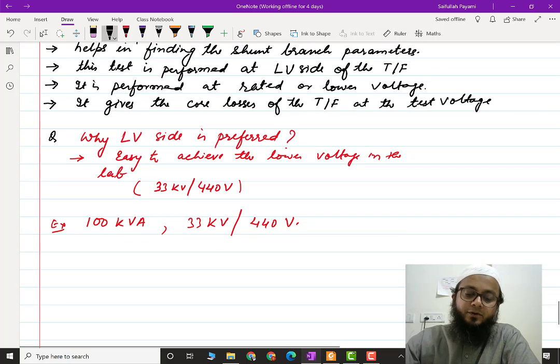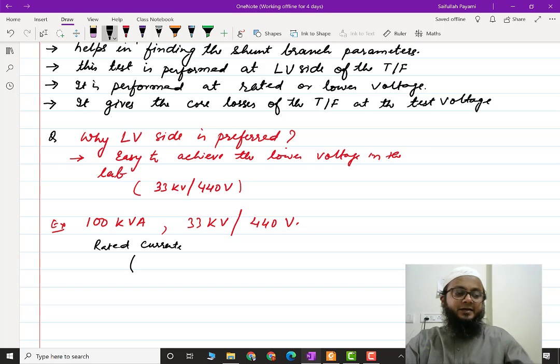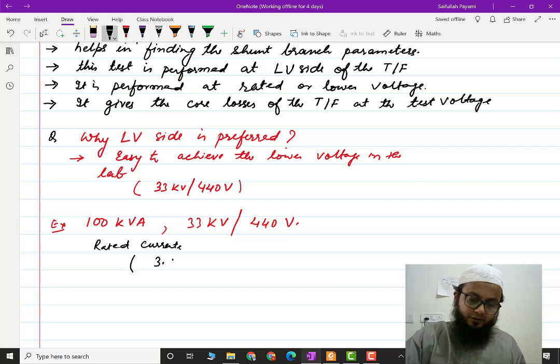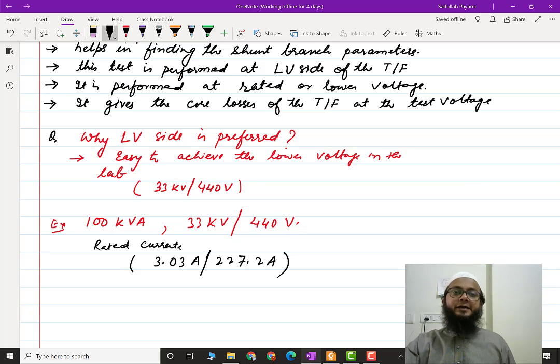So what would be the rated current? For the 33 kV side, it would be 3.03 ampere, and for the other side 227.2 ampere. So the rated current of the respective sides would be 3.03 ampere and 227.2 ampere.